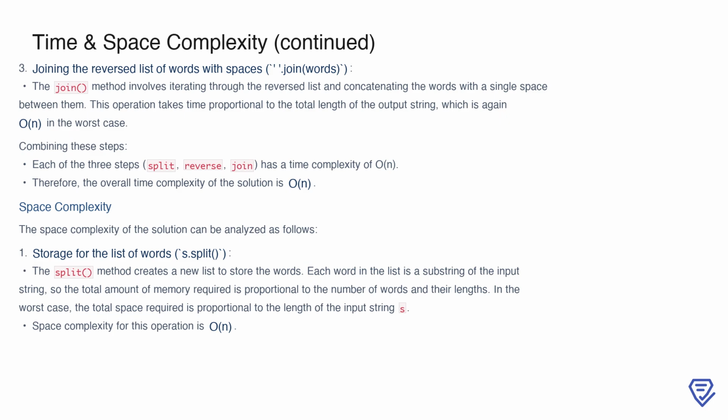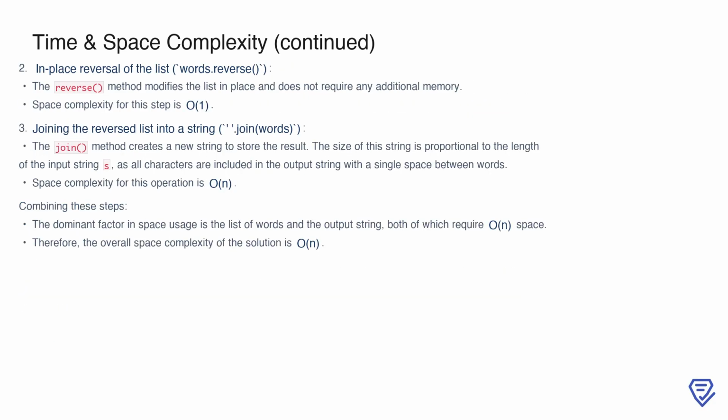Moving to space complexity, the split operation creates a new list to store the words. Since this list size is proportional to the length of the input, its space complexity is also O(n). Additionally, the reverse method modifies the list of words in place, which means it doesn't require any extra memory. Its space complexity is O(1).